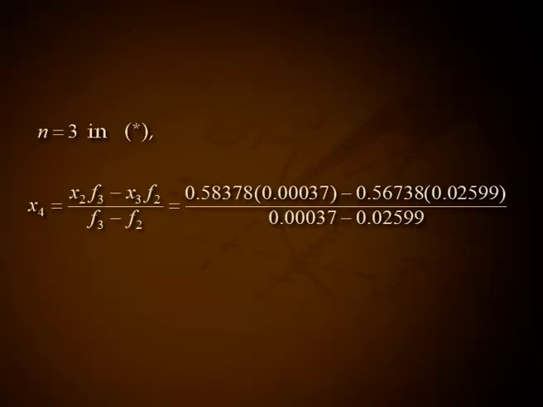Setting n equal to 3 in star, x₄ equal to (x₂ f₃ minus x₃ f₂) divided by (f₃ minus f₂), that is (0.58378 into 0.00037 minus 0.56738 into 0.02599) divided by (0.00037 minus 0.02599), that is minus 0.01453 divided by minus 0.02562, which is 0.5671. Approximating to 3 digits, the root can be considered as 0.567.